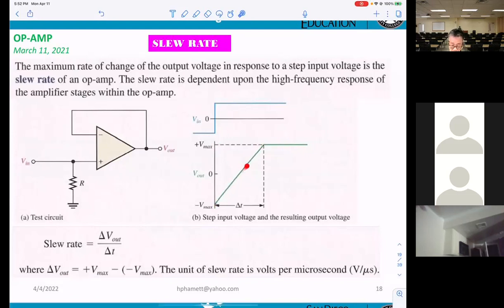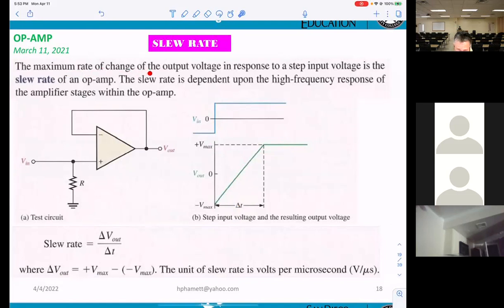The output will go up, but it takes a little time, delta T, maybe 1 microsecond or nanosecond. It cannot go up exactly like the input. That's what they're talking about: slew rate.